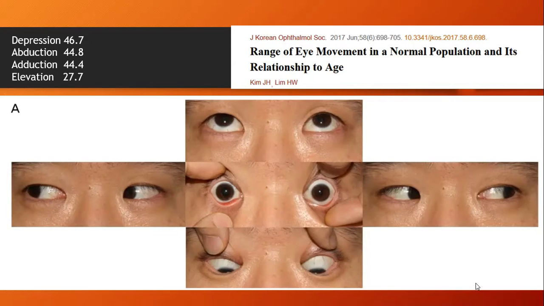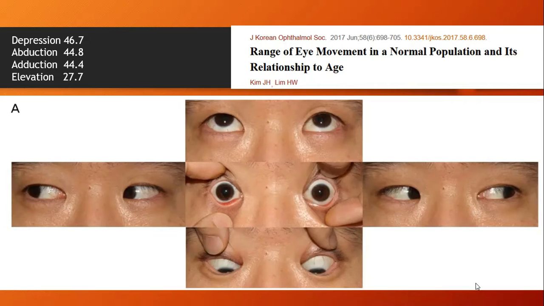So elevation is very important for children. But as we get older, we usually tend to use chin elevation to look up. So elevation is the least movement, and it markedly decreases with age. All right. This is a kind of academic piece of knowledge.